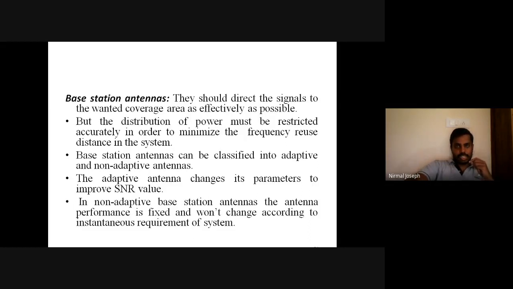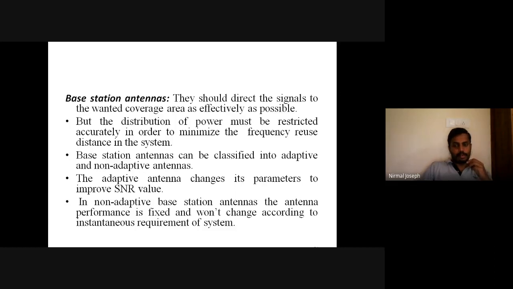If you are transmitting on a very high power, then for frequency reusage we have to consider a very large separation between two cells having the same frequency. The frequency reuse won't be that efficient if we are transmitting on very high power. So power should be minimized so that effective frequency reuse will be possible.